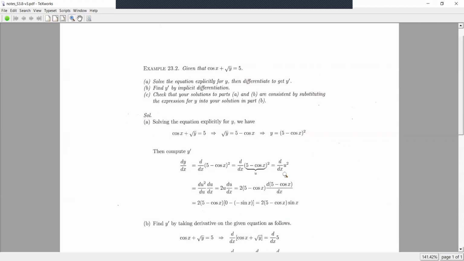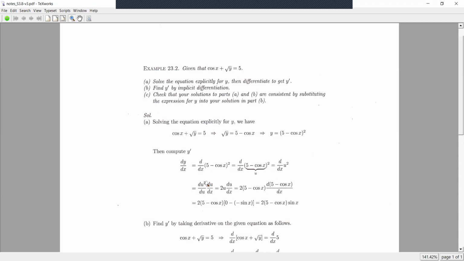So this derivative cannot be computed directly. We need to apply the chain rule. Insert du in the denominator and du in the numerator. Then this derivative is equal to this derivative times this derivative.